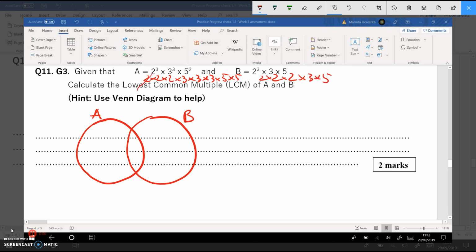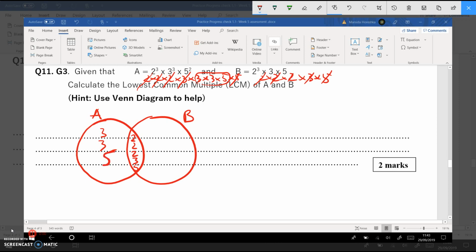So 2 we have in common, put 2 in there, and another 2, and a third 2, 3, and 5. And the rest of them for A would go here, so 3, 3, 5, and there is nothing left for B.